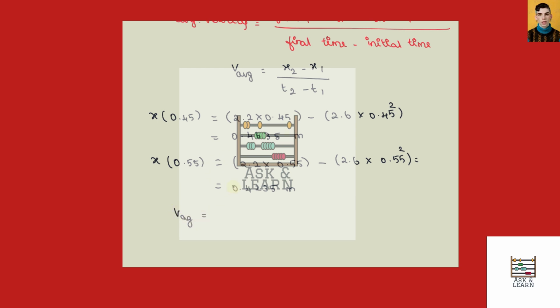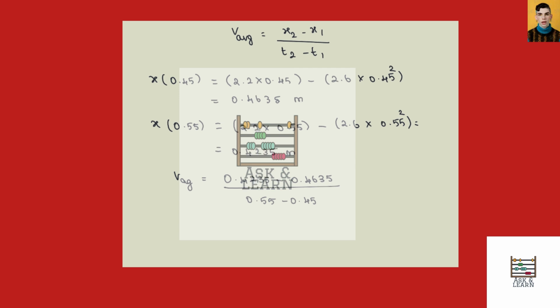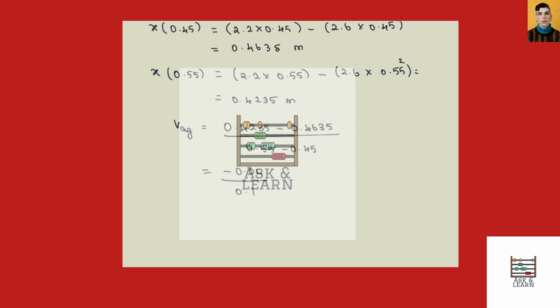And finally let's calculate the average velocity. Here the final position is 0.4235 meter minus 0.4635 meter, which is the initial position, divided by the time, 0.55 minus 0.45, and if we divide we get the average velocity is minus 0.04 divided by 0.1, and finally we get the average velocity is equal to minus 0.4 meter per second.